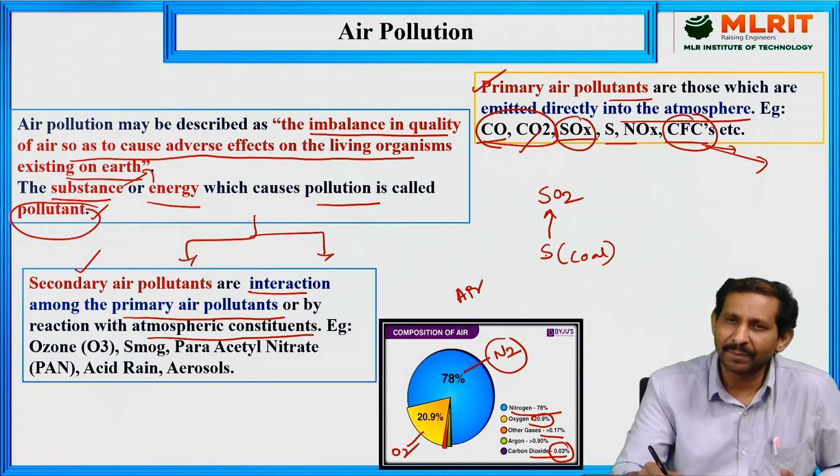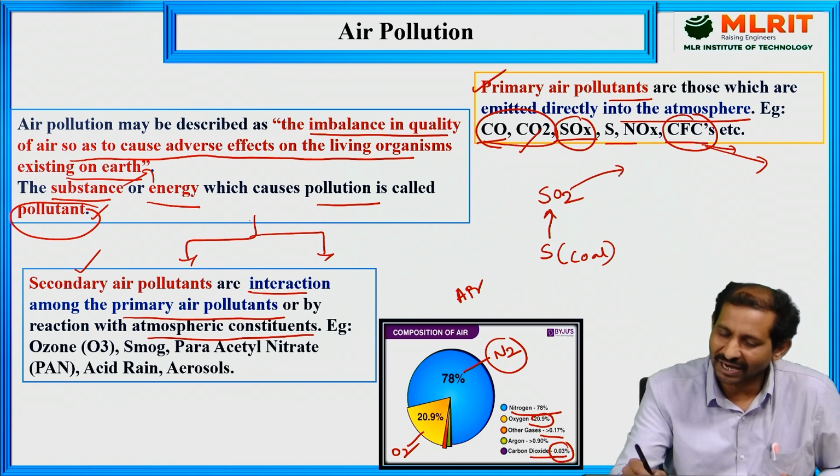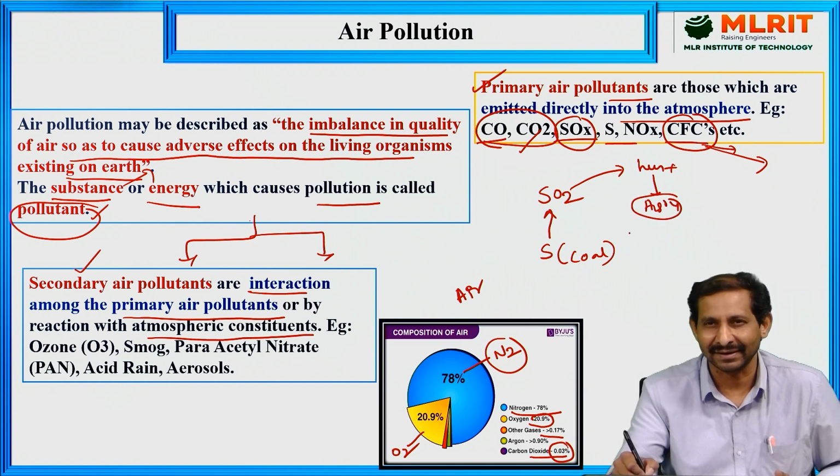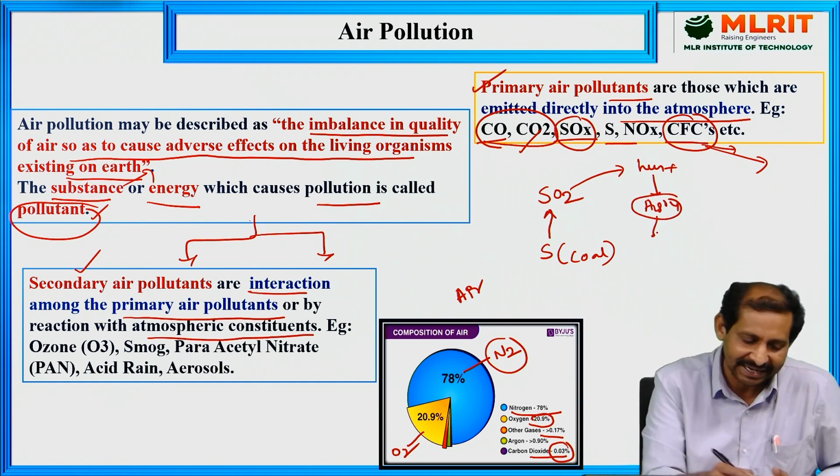If sulfur-containing coal is burned, sulfur is converted to sulfur dioxide. That sulfur dioxide comes into the atmosphere, and the humidity or moisture combines with it to form sulfuric acid. Sulfuric acid comes down as acid rain. So acid rain is a secondary pollutant.